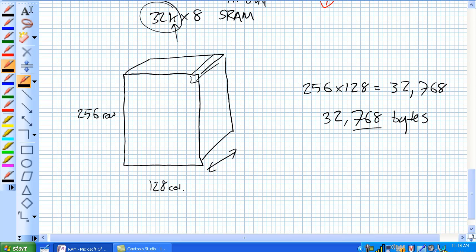So now, what is the capacity of this particular SRAM? Well, it's 32,768 bytes, or 32K big B. Notice the capital B. That stands for byte. Okay?